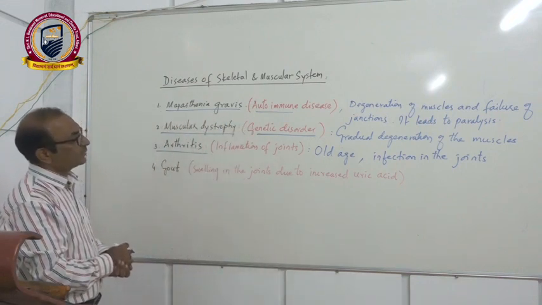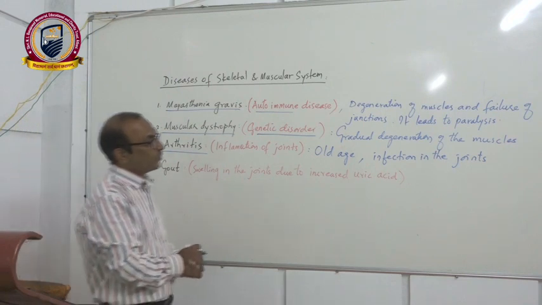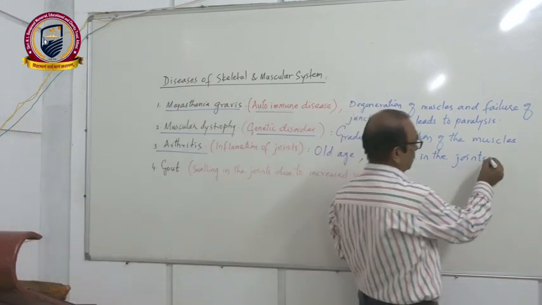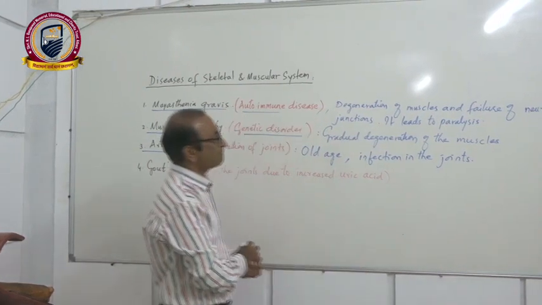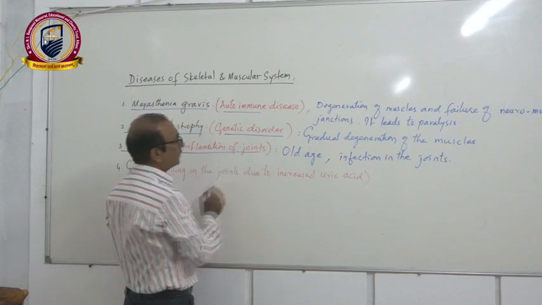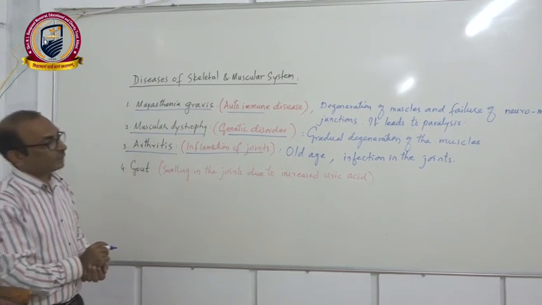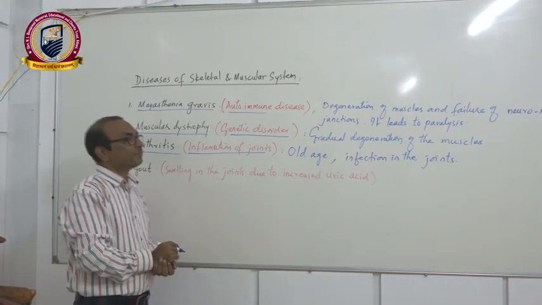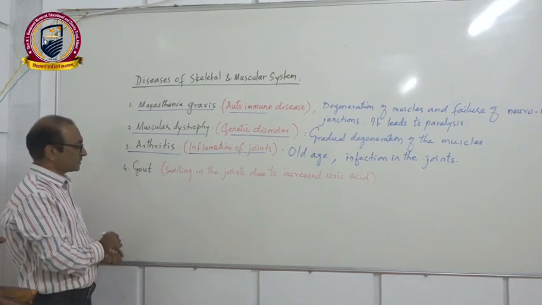So this is a common disease seen in most people at an older age. Okay, so this is causing inflammation of the joints, and the movements become very painful. That is what is called arthritis.